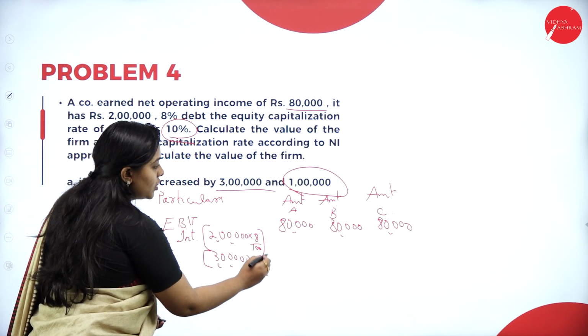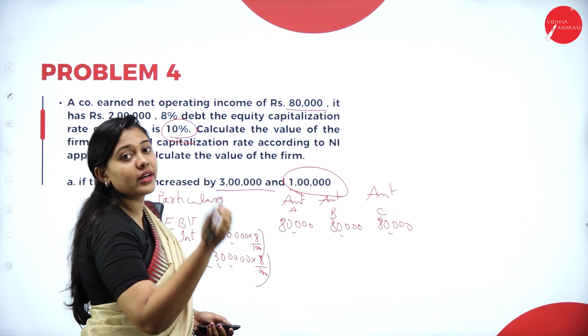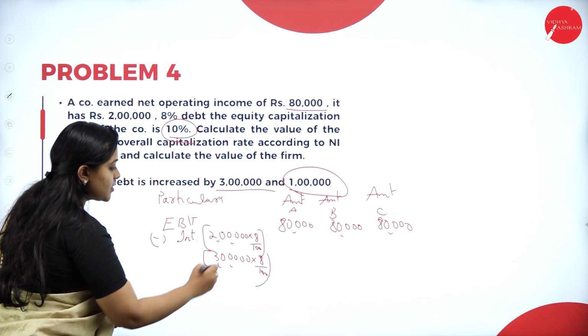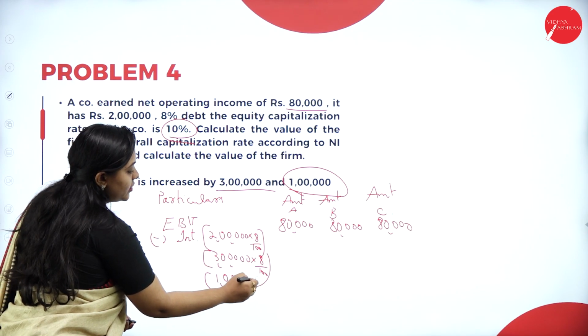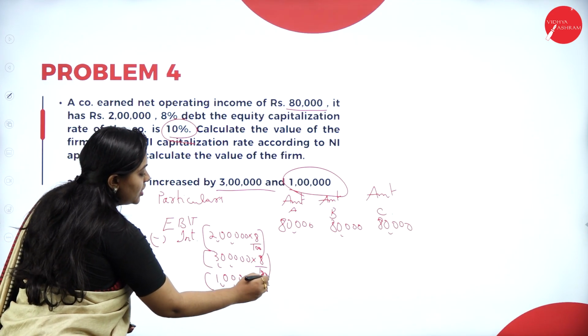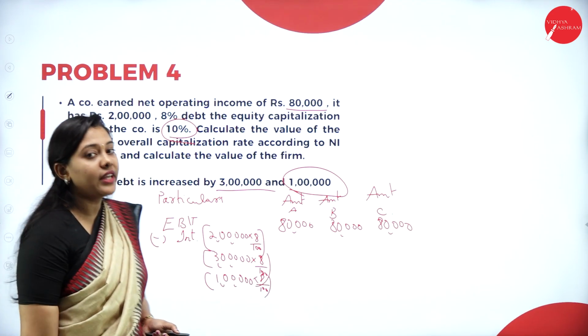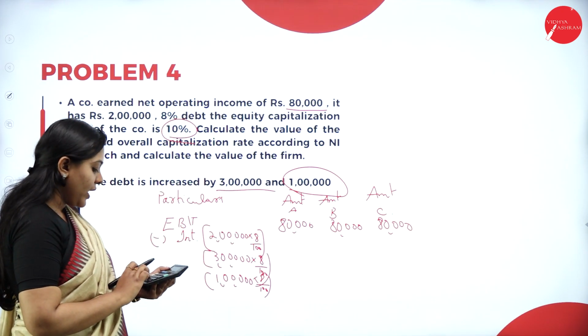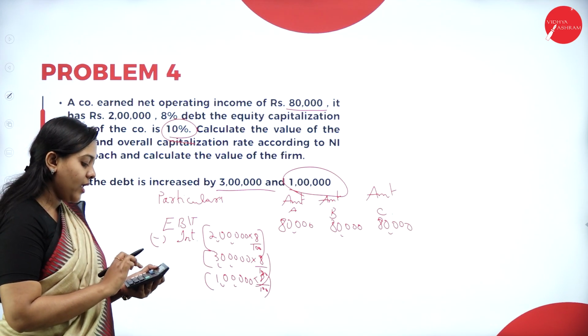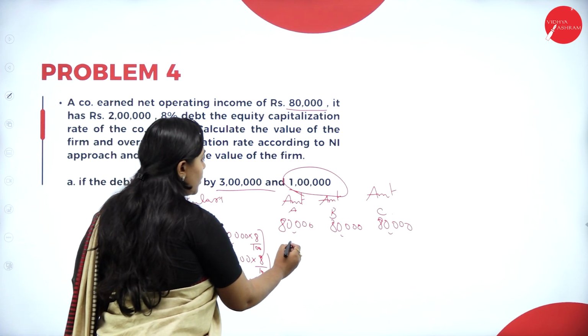And what is your case C? It is decreased by 1 lakh. So, 1 lakh into 8%. So, this will be the interest for the cases. So, let us solve by using the calculator. 2 lakh into 8%, it will be 16,000.